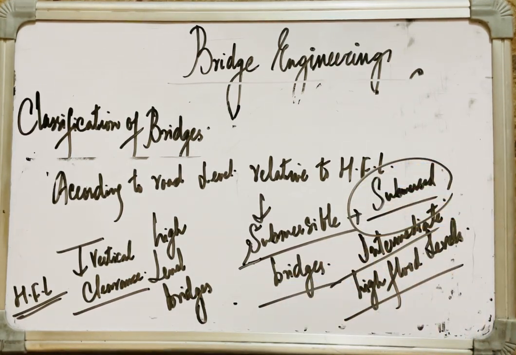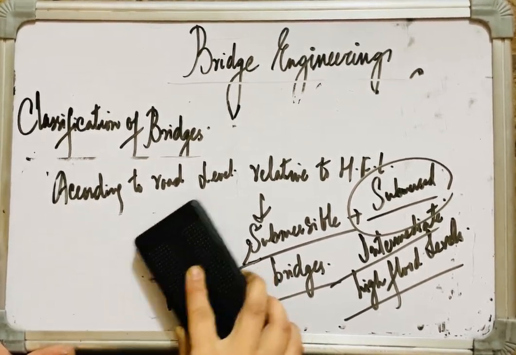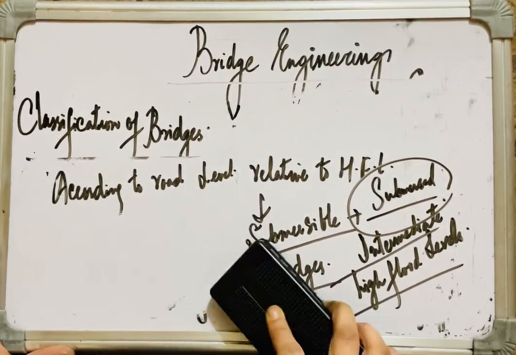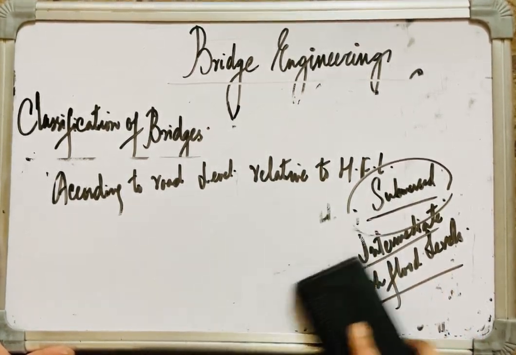That's why they are known as submersible bridges. There is no good amount of vertical clearance above HFL, and during floods they can get submerged.